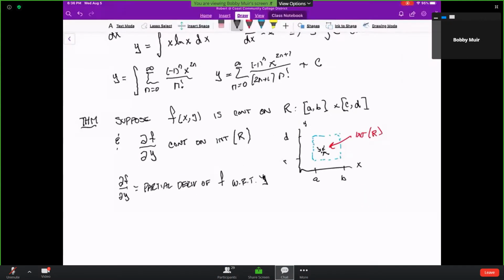Here's OneNote again. So you just hold all the letters constant and you just take the derivative. The conclusion is then the first order. I'll just write down the conclusion.